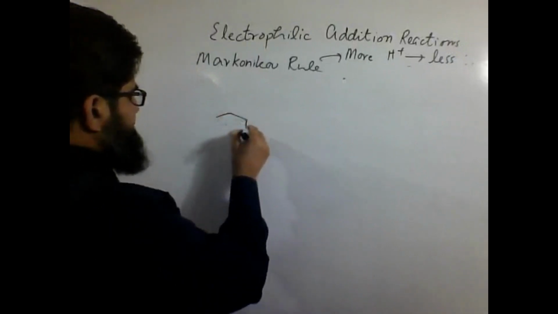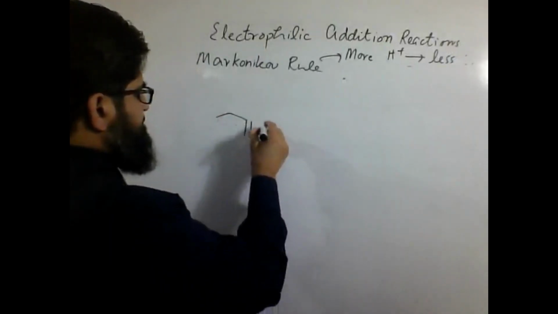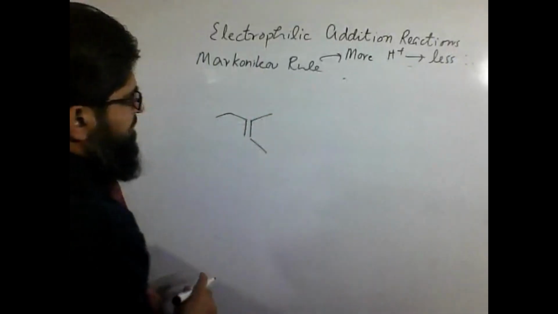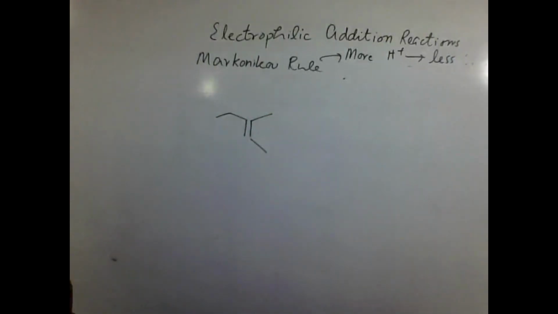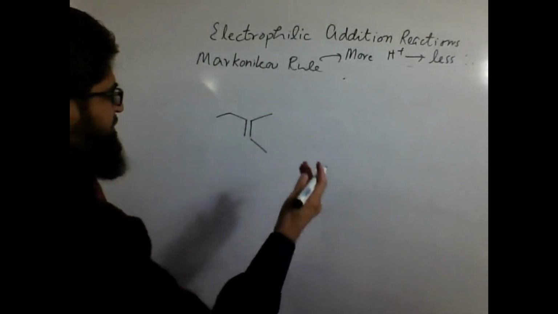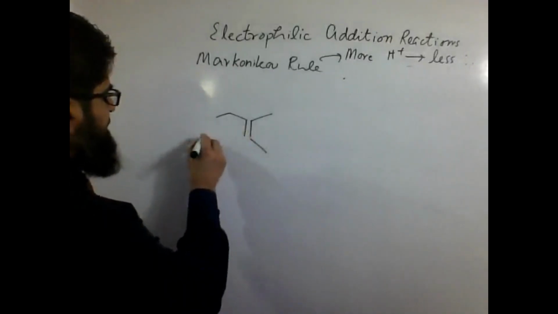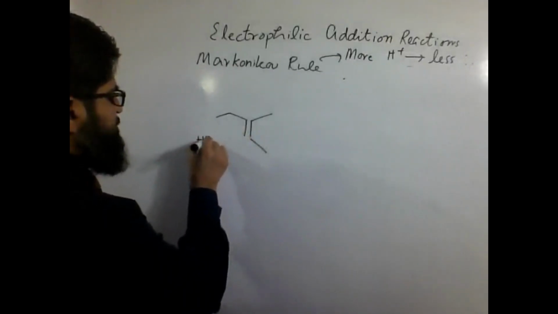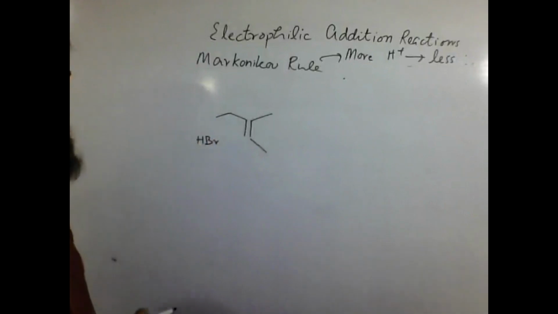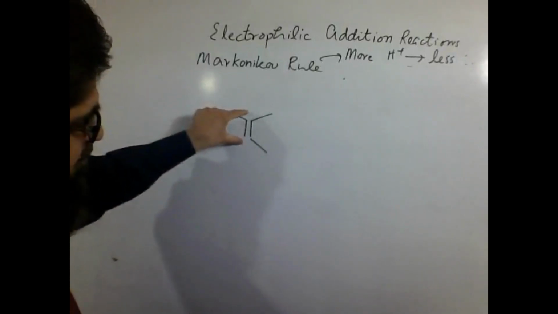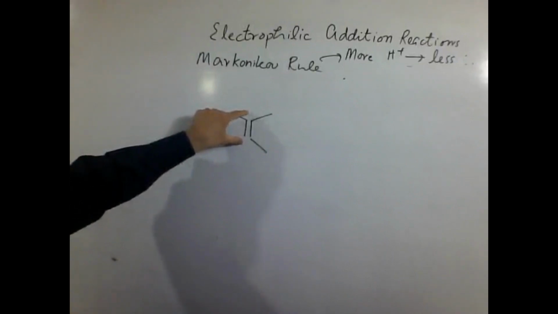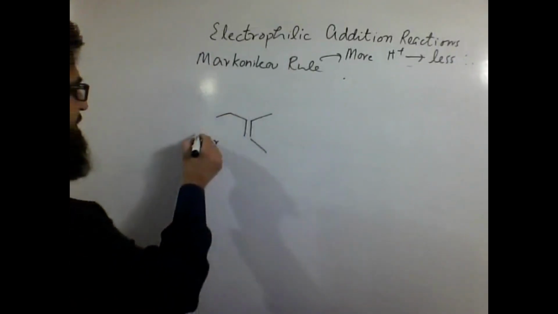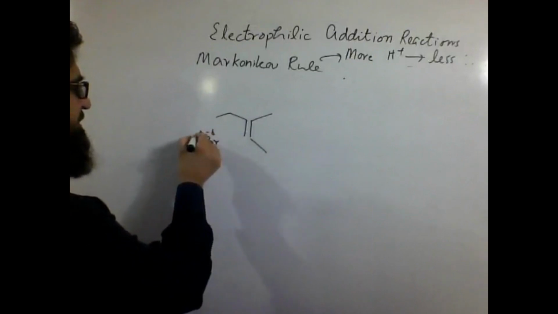Let me take this example, and we are going to add HBr, one of the examples of hydrohalogenation. This is an alkene and it is supposed to undergo an electrophilic addition reaction. In this case, proton is supposed to act as an electrophile.